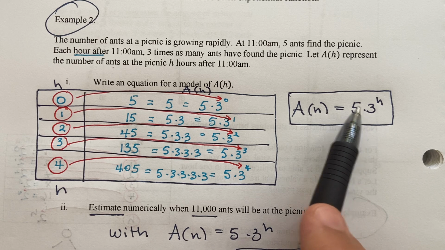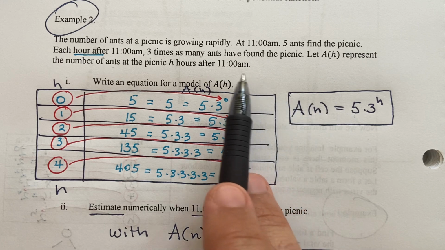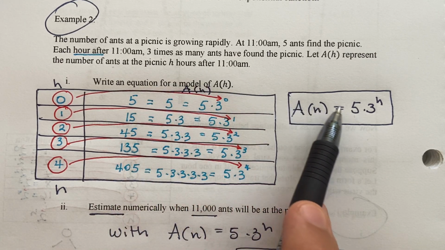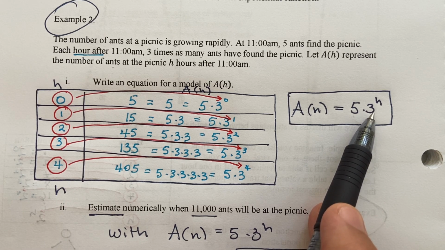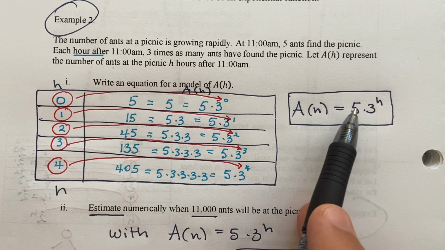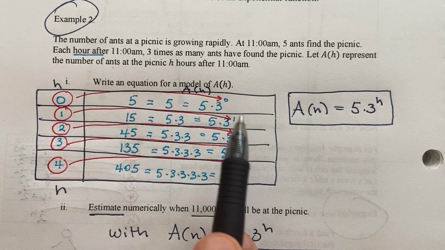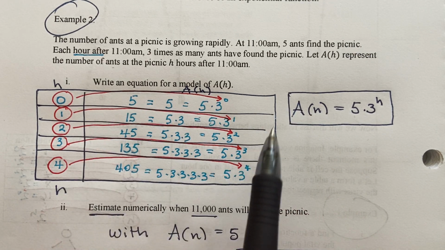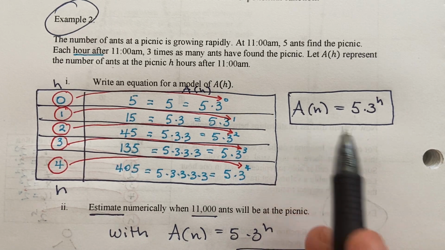So that's no coincidence, right? That 5 is the starting amount. That 3 is the base of the exponential. So if I said there were 10 ants and 4 find the picnic every hour, I would have a 10 and a 4. I just wanted to go through the table to show the pattern. But if you're seeing things, you can just write this down.